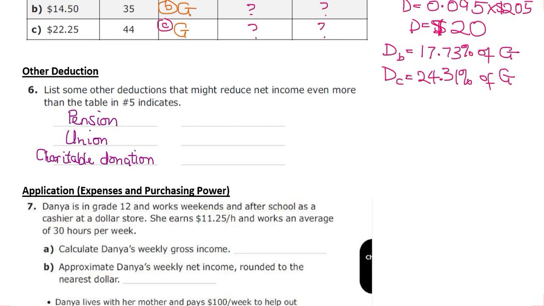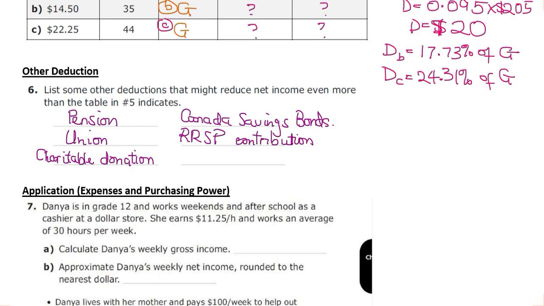Another one could be your Canada Savings Bonds. I'll just write that here: Canada Savings Bond is another one that influences your net income. Another one is RRSP, which means the Registered Retirement Savings Plan, and this is another contribution that is taken away from your gross income, which means you'll have less net income coming in.